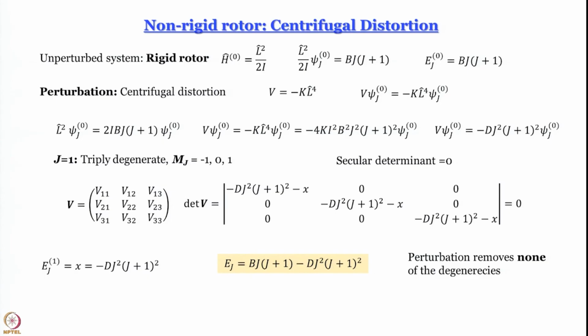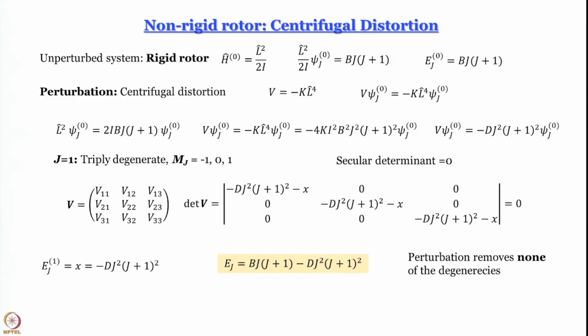This is an example of perturbation theoretical treatment of degenerate systems where degeneracy is not lifted at all, but do not think there is no effect. The energy is changing. Energy of each J level is decreased by dJ square into J plus 1 whole square. Okay. So much for our non-rigid rotor.